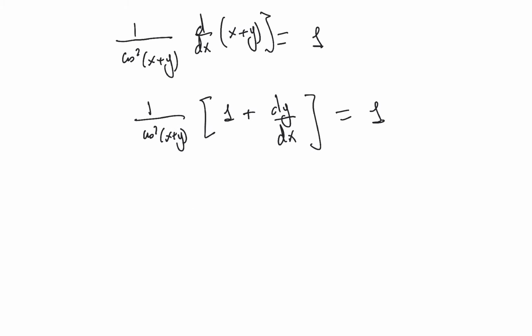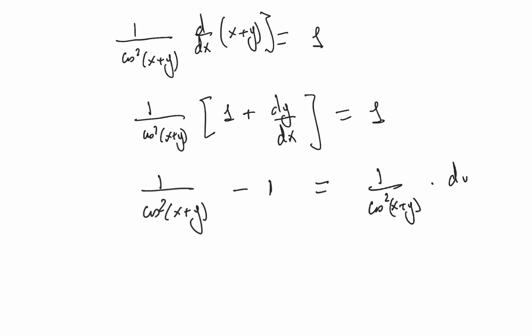So now I will put the derivative of y with respect to x on the other side of the equation. 1 divided by cosine squared of x plus y, minus 1, equals 1 divided by cosine squared of x plus y multiplied by the derivative of y with respect to x.